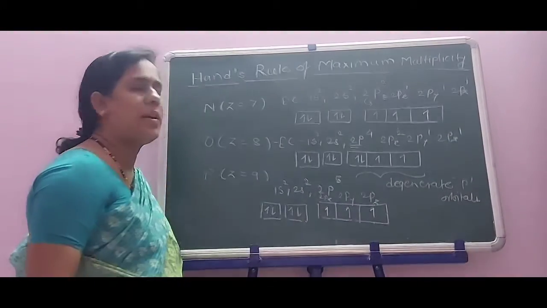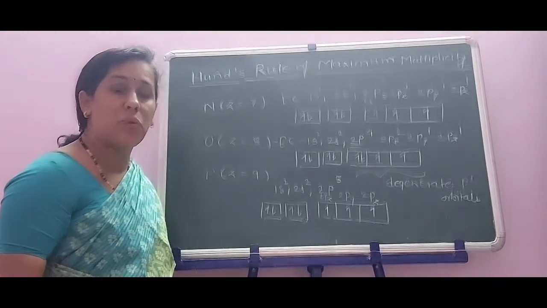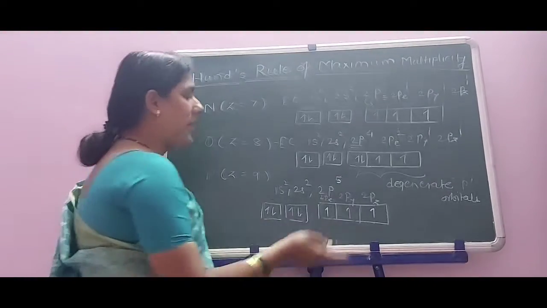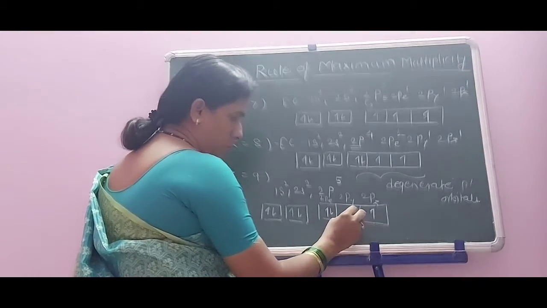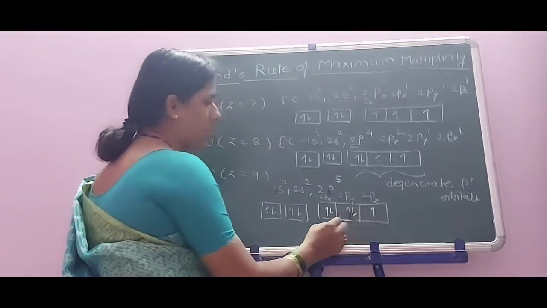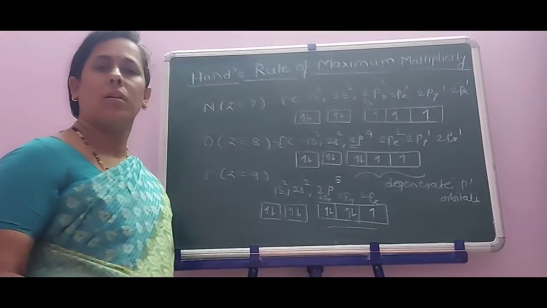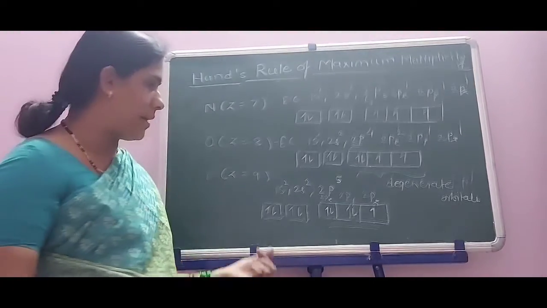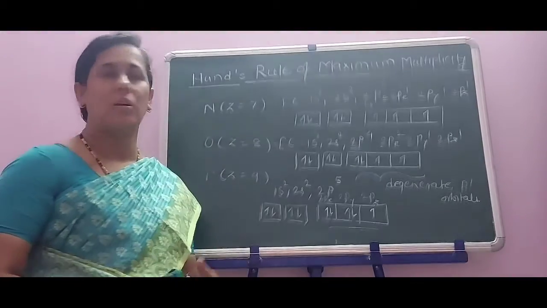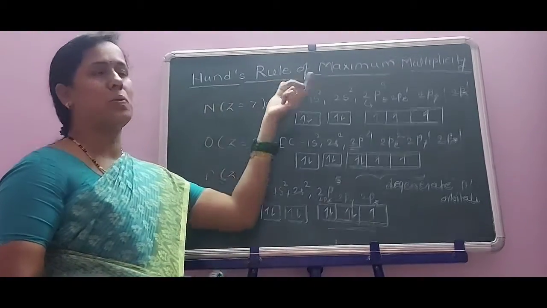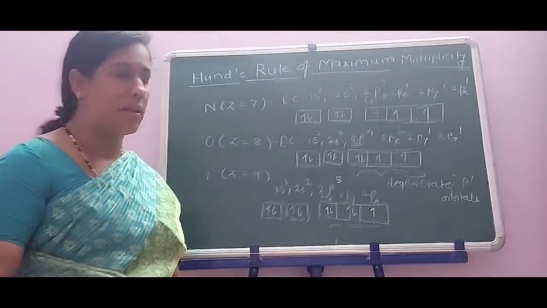As long as the 3 orbitals are being filled with 3 electrons with parallel spin, only then can we start the pairing: 4 and here also 5. Thus, pairing of electrons takes place here. Now you can easily understand the meaning of Hund's rule of maximum multiplicity.